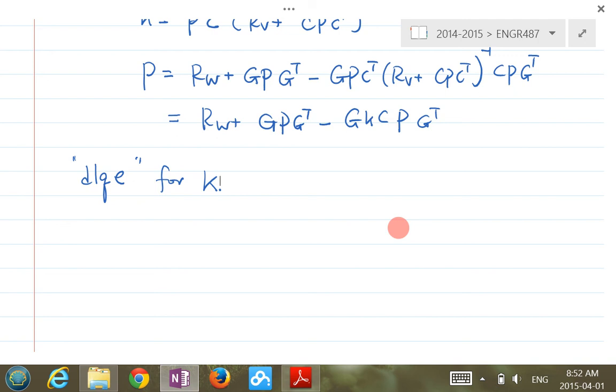I think it's a little bit confusing actually, if you want to use the DLQE properly. So here's the system.